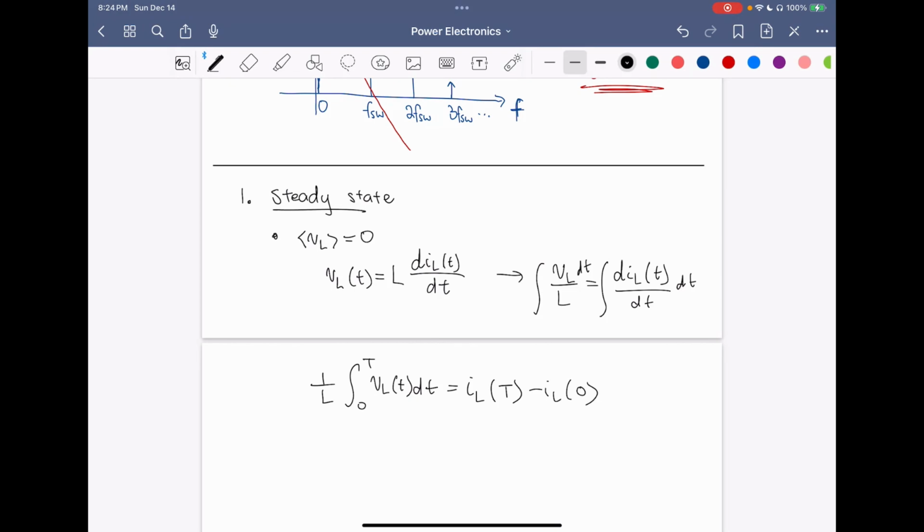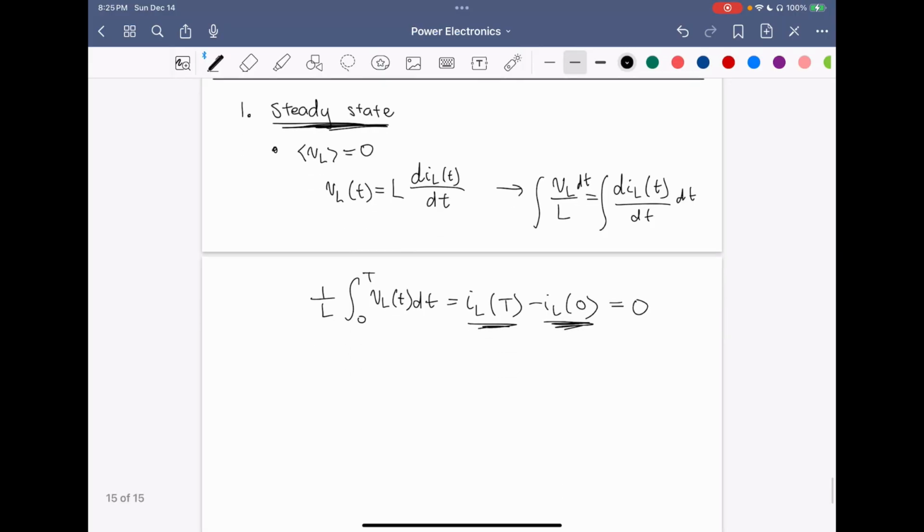However, because our assumption is that we are in steady state, the current through the inductor at the start of the period is exactly the same as the current through the inductor at the end of the period. So IL(T) equals IL(0), and therefore this equals 0. What this implies is that the integral of the voltage across the inductor during one cycle is equal to 0.